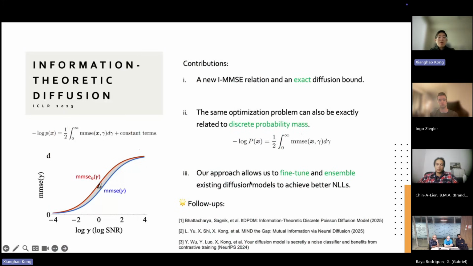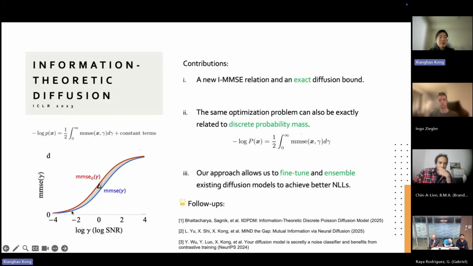And the third one is that our approach allows us to fine-tune and ensemble existing diffusion models to achieve better NLLs. Fine-tuning, that's no problem. We have an experiment for that. But how about ensembling? For our formula, it's very easy. It's just the MMSE difference between two curves, right? Here, because we put it through the Gaussian channel, this right curve can be calculated in advance.